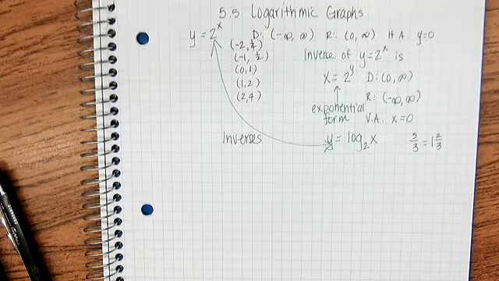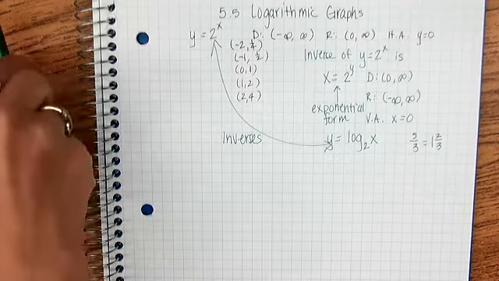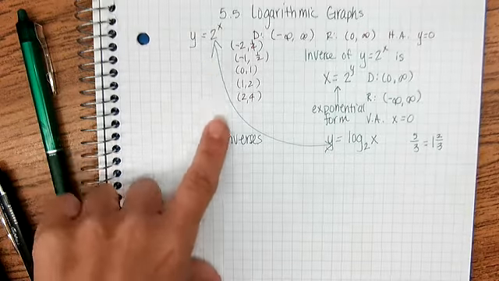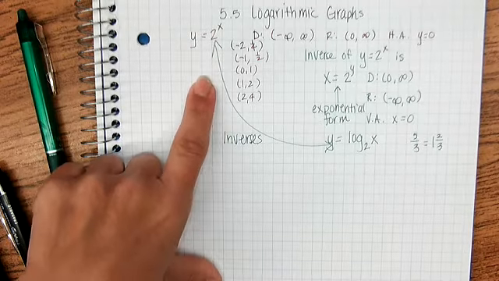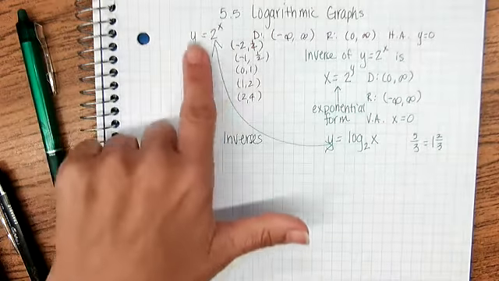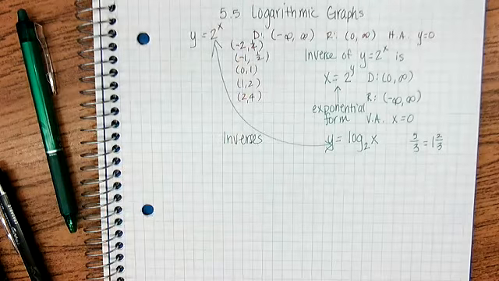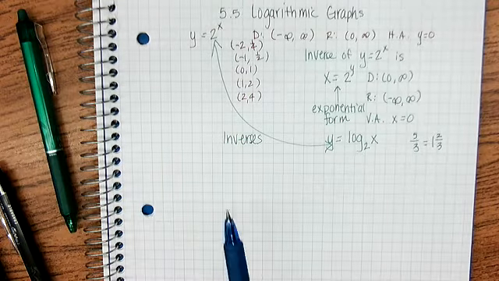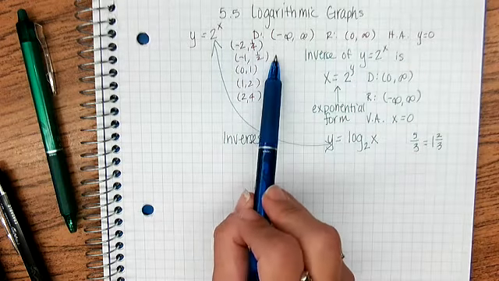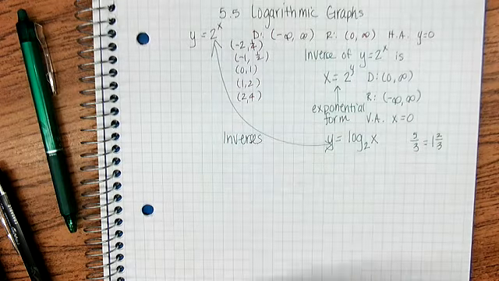I think that finding inverse points can be difficult. So what I do is I kind of know my parent points off the top of my head, and I think you do too. If x is -2, you get 1/4, and you can construct these pretty quickly. Well, how do you find an inverse? Switch domain and range, switch x and y. Well, let's switch x and y of our points.